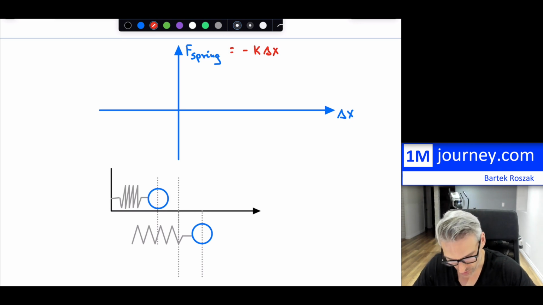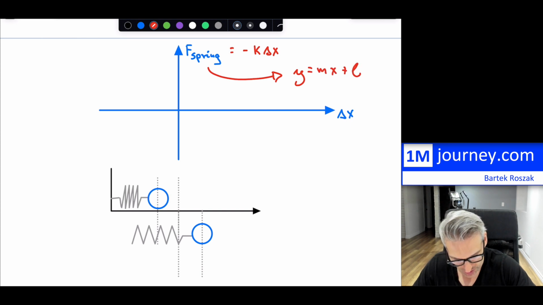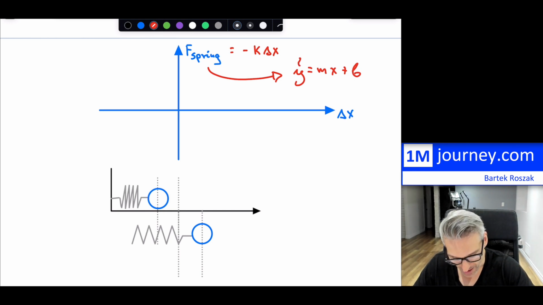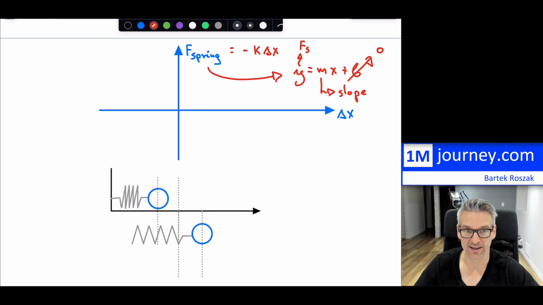This relates back to y equals mx plus b, the equation of a line, where y is the spring force, b is the intercept, which is really 0, and m is the slope. Our slope is negative k, so it's sloping with a negative k.